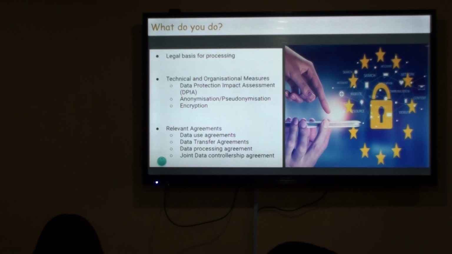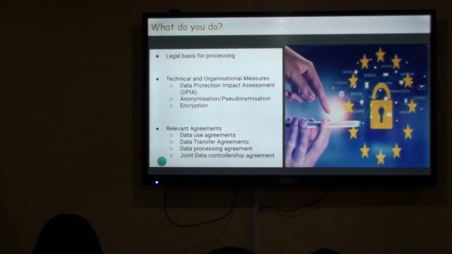The second thing you do is to develop technical and organizational measures to protect the data. This includes conducting a DPIA, that's the Data Protection Impact Assessment, anonymizing the data or pseudonymizing it, and then encryption. Encryption is very relevant here because it solves a lot of problems.